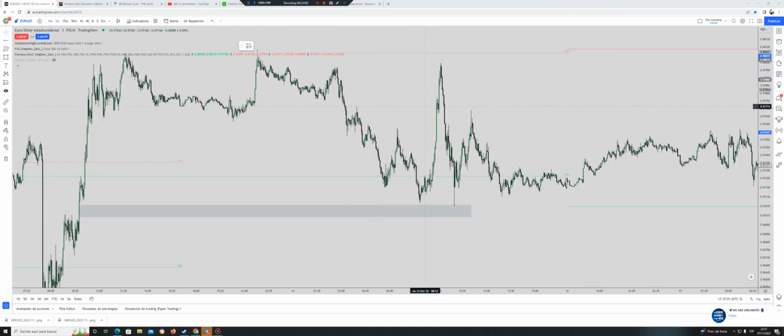Now when it comes to the last cycle of New York, which is from 10 to 11:30, there are two ways to trade it.